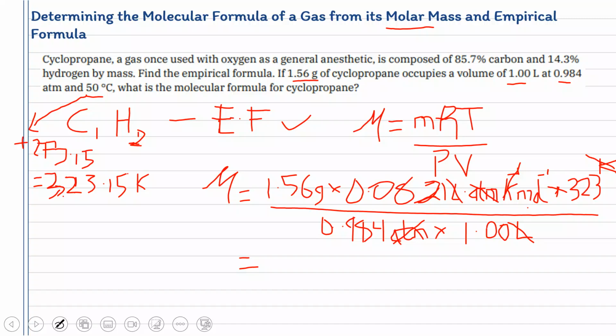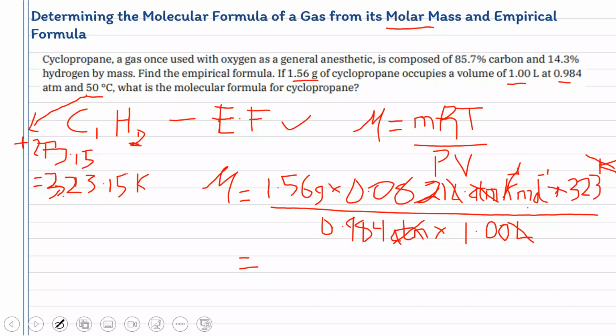My pressure is supposed to be in ATM, 0.984, multiplied by what's my volume? My volume is 1 liter. Yeah, good. Now I'm getting the right answer.